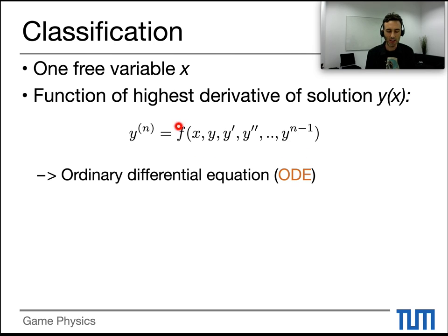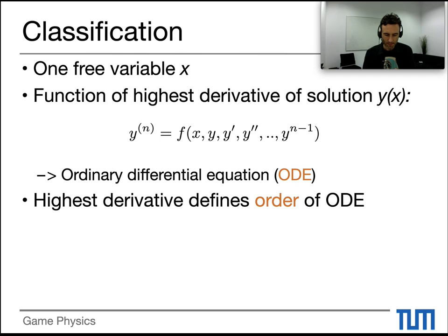You can imagine here in this f we have all kinds of different components. Some of these factors or the influence could be 0, but in the general case it can depend on all of these derivatives, and the highest one actually determines the order of the ODE, and if you want the complexity, hence that's the most important one. All the other ones we bunch up in this f on the right hand side.